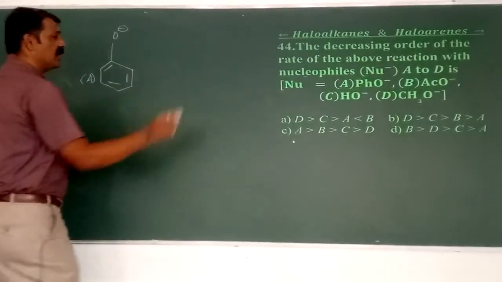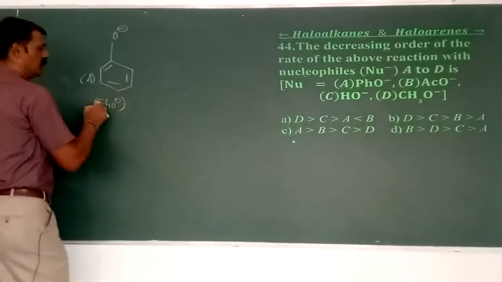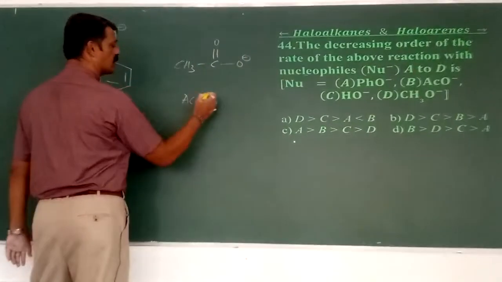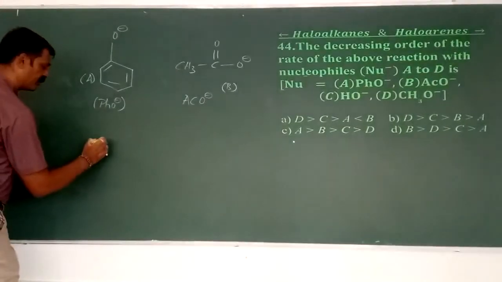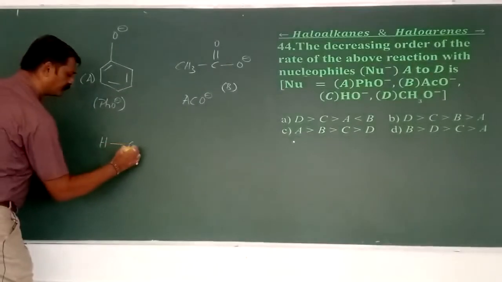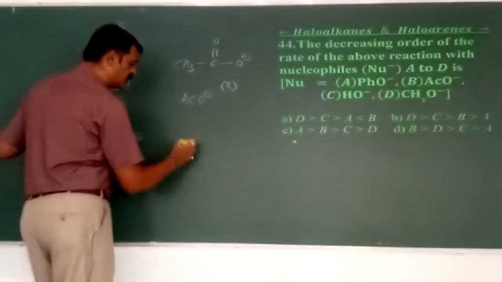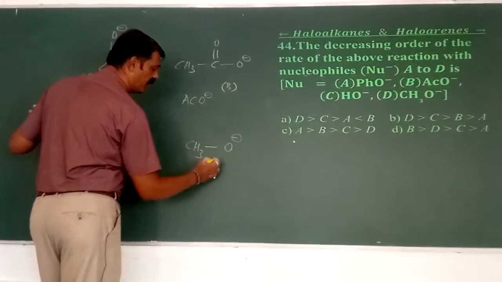What is B? AcO minus. Acetate means CH3, C double bond O minus. This is B. Then OH minus, this is C. And the last one is CH3O minus. It is D.